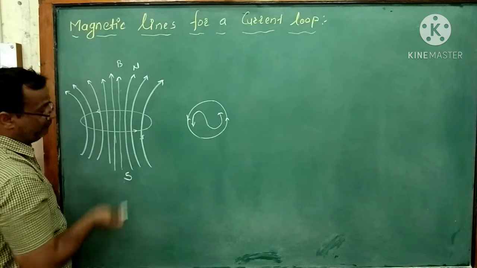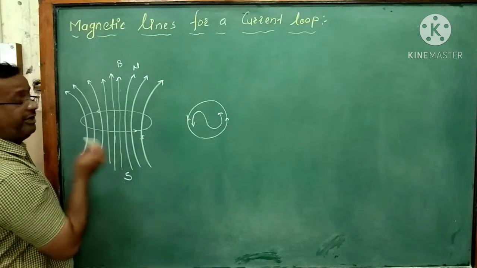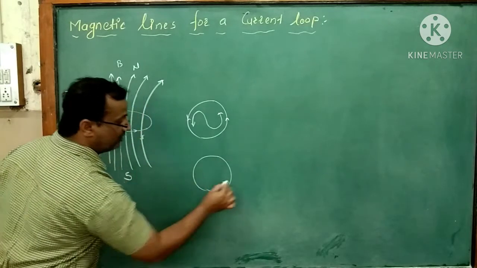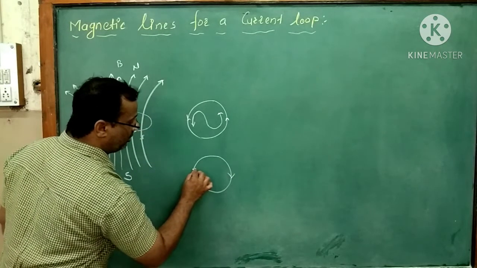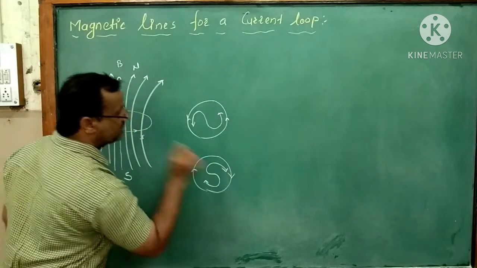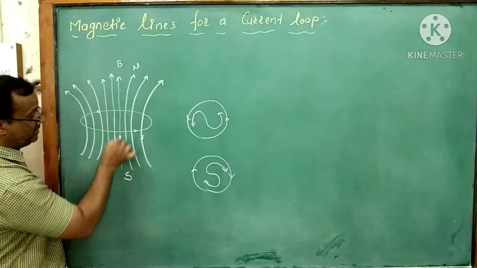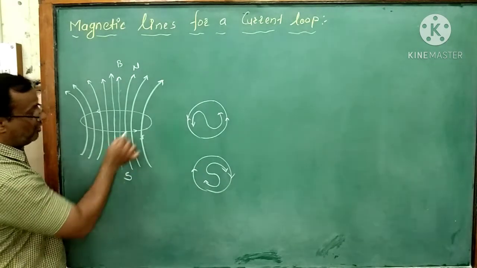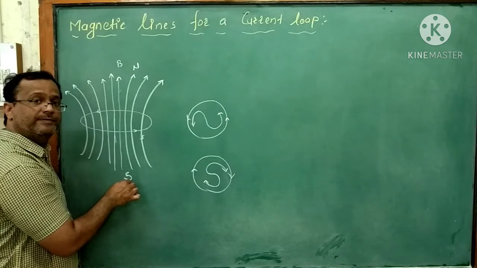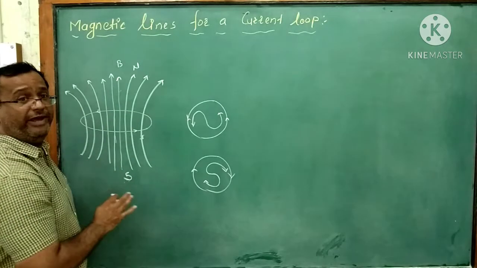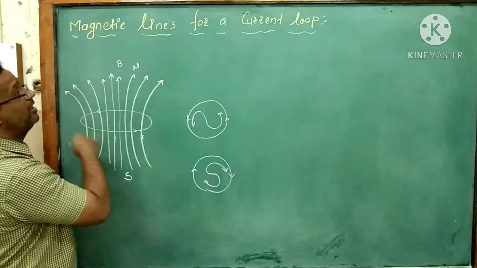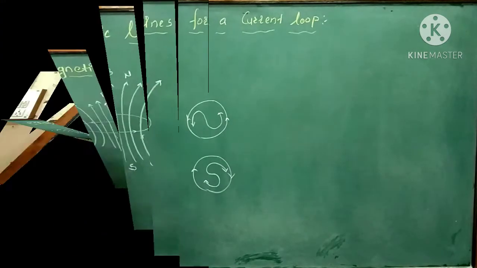If we see from the bottom, the direction of flow of current is clockwise. If a clockwise current flows, then on that face the south pole is produced. So toward the bottom of this loop the south pole is produced. In this way we get the magnetic lines of force produced by the current loop.